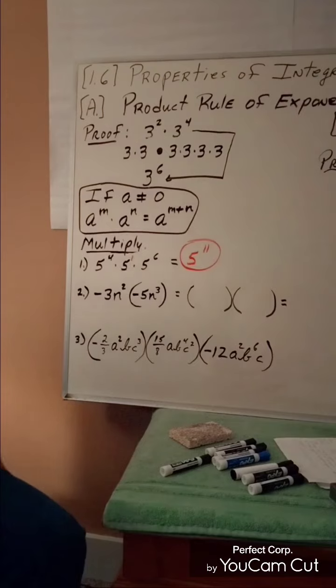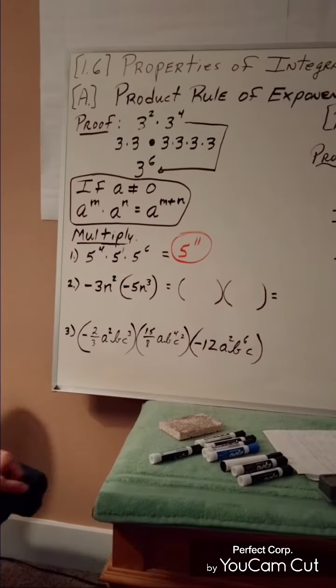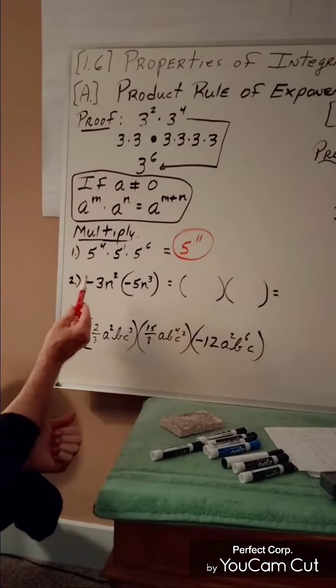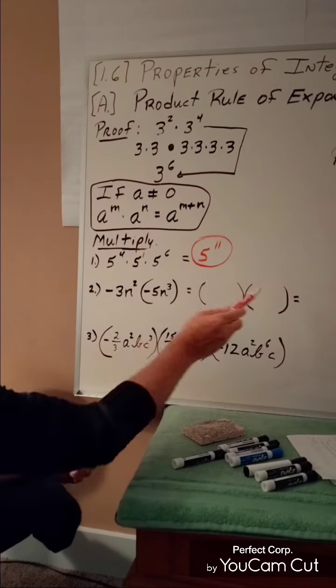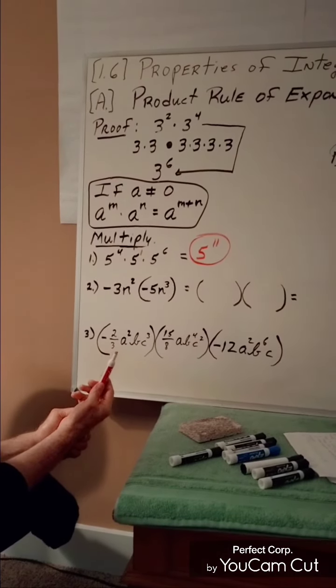Number 2. There's a reason as well for this. Negative 3n to the second multiplied by negative 5n to the third. If you wanted to just compute out, multiply those two factors together and write the answer down, we would not discount you. It's a pretty elementary problem.